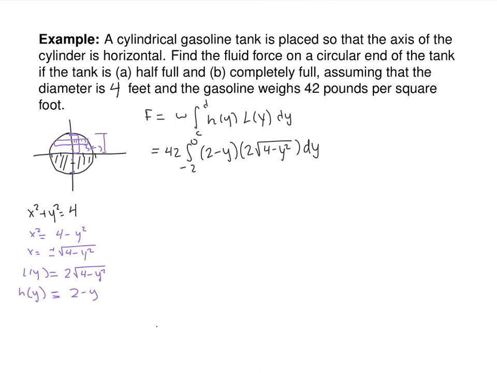We take out the 2 and distribute the root 4 minus y squared and break up the integral into 2 pieces. So first, this 2 can factor out, making 84. And we'll have 2 roots of 4 minus y squared dy minus the integral from -2 to 0 y root 4 minus y squared dy.